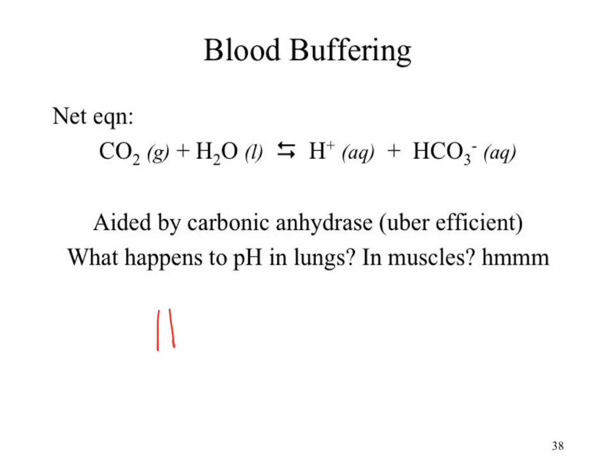Our buffering system is HCO3 minus going to H2CO3. Actually, that first one can buffer. Let's just say our buffering system is looking at the balance of these two species.